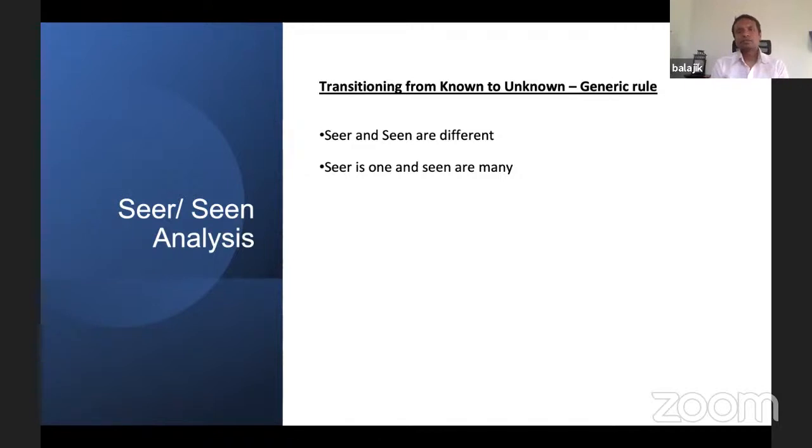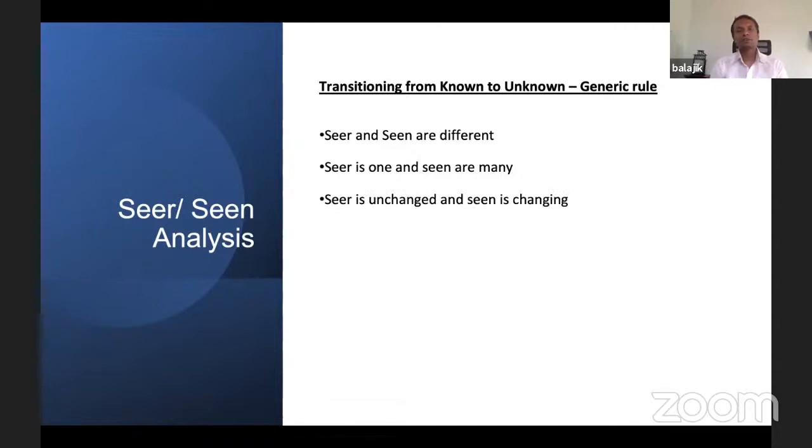This one is also simple. I as a single entity, that subject is only one, but the objects are many, because one time the I is seeing the window, another time the I is seeing furniture, and there are multiple different objects being seen. So seer is one as an entity, and seen are many.